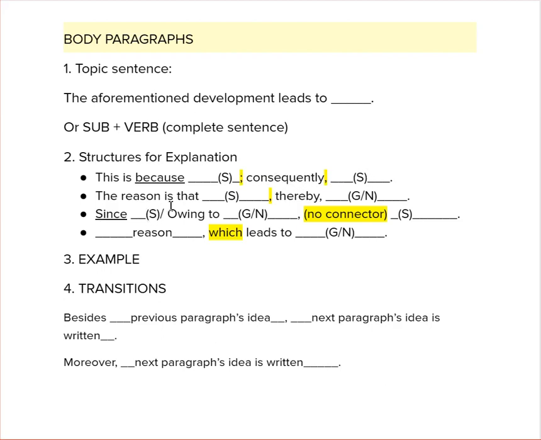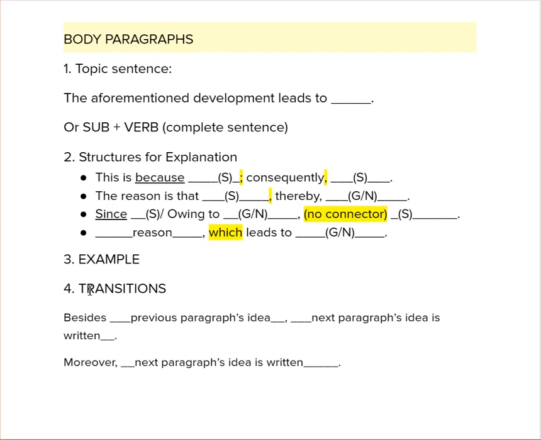This is the reason that sentence, thereby sentence. Since dash sentence, using a gerund or noun, and connect with sentence. Reason 1, reason 2, which leads to, use a gerund or you can use a noun.